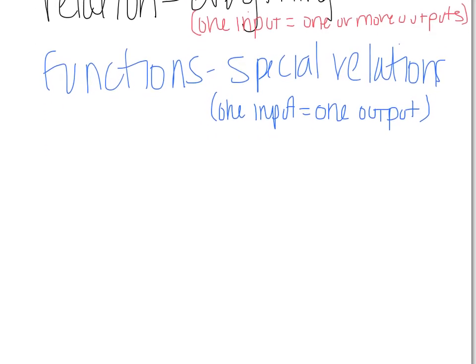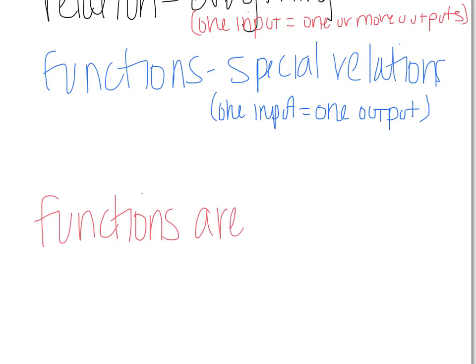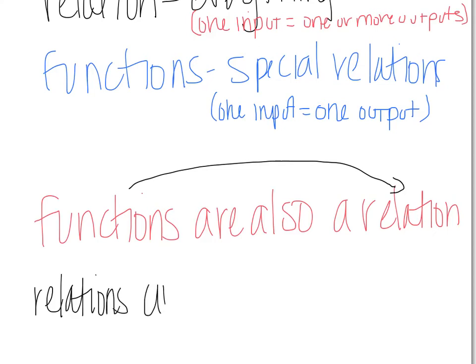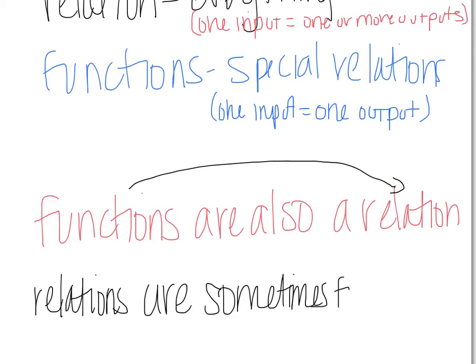That means that if it's a function, it is also a relation. So if it's a function, it is a relation as well. But it means that relations are sometimes functions.